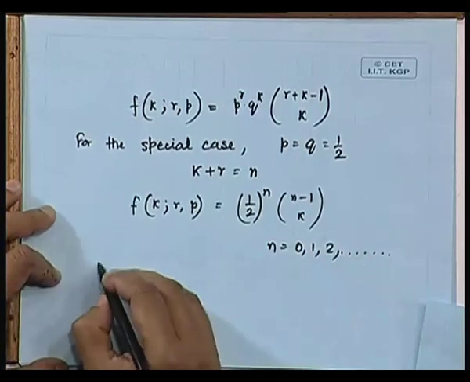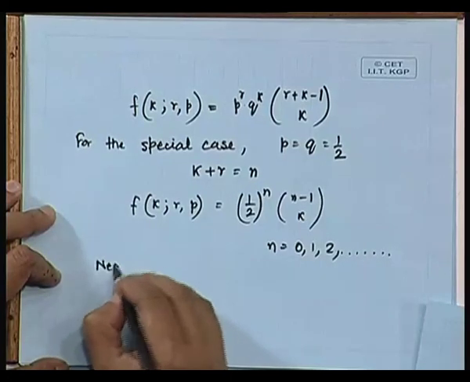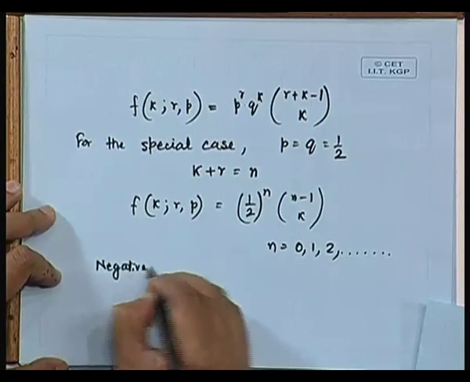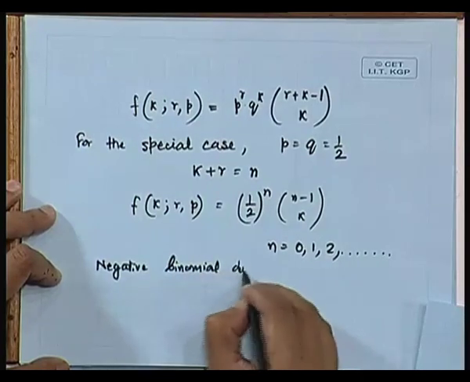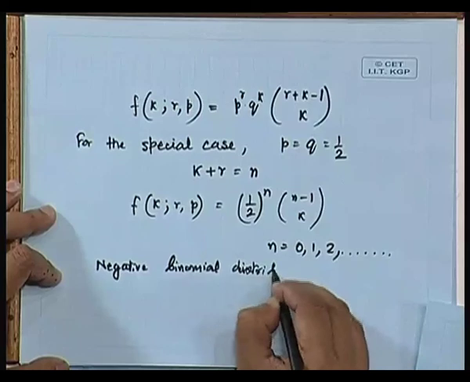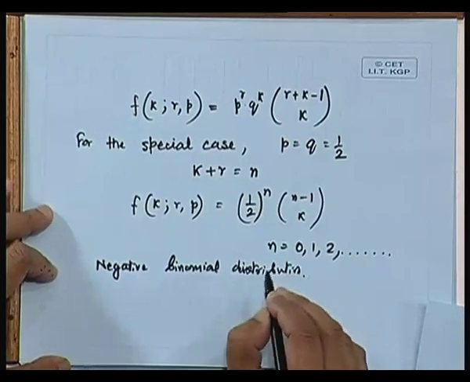This expression is nothing but a negative binomial distribution. So what we have got is the probability of n equal to n as a negative binomial distribution.